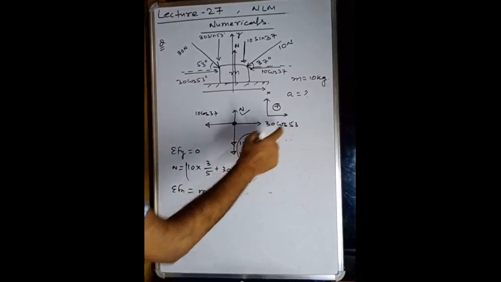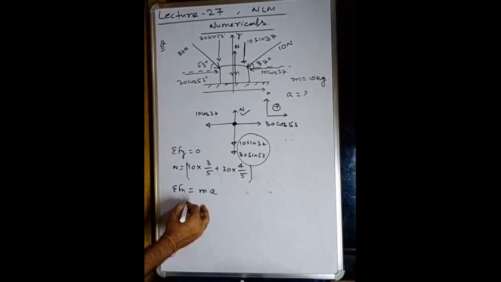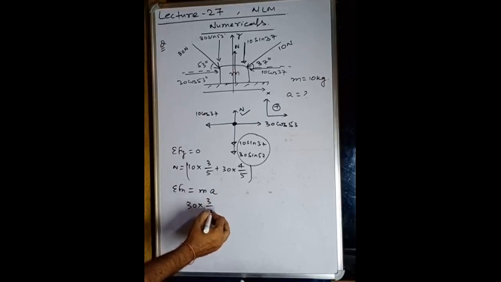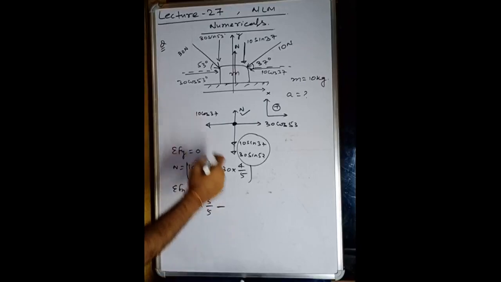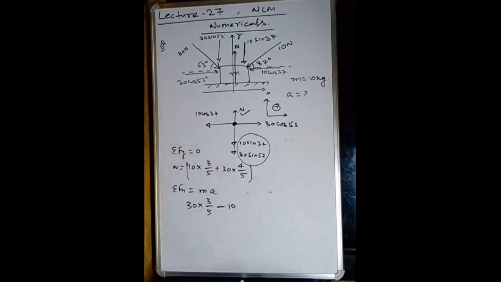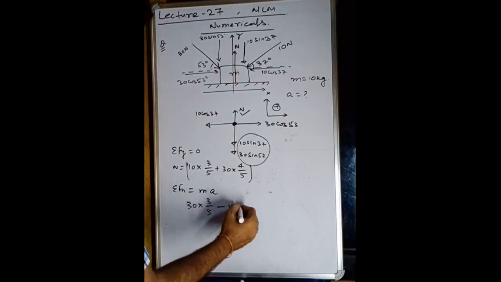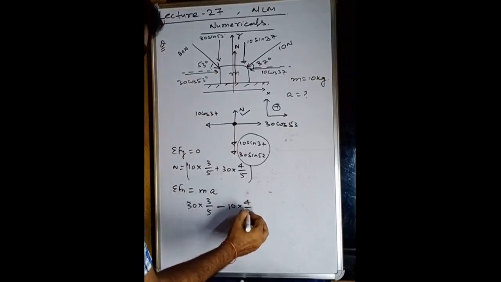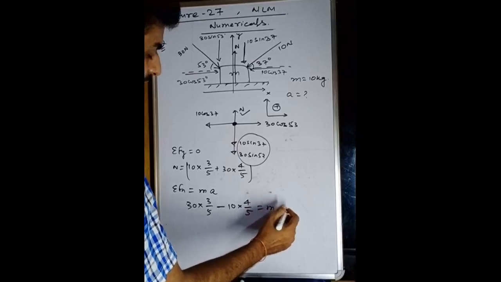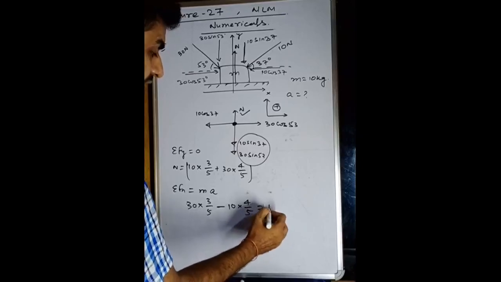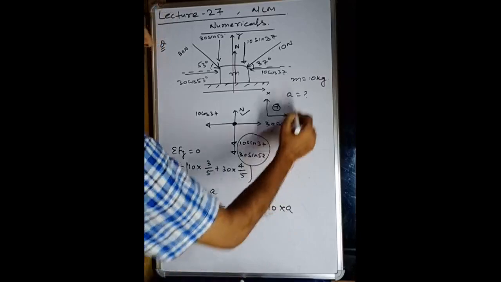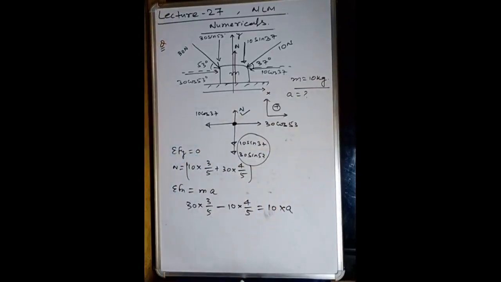It is 30 cos 53, which is 3 by 5, minus, in the opposite direction, 10 cos 37, which is 4 by 5, equals ma, and the value of m is 10 kg, so it will be 10 times a.